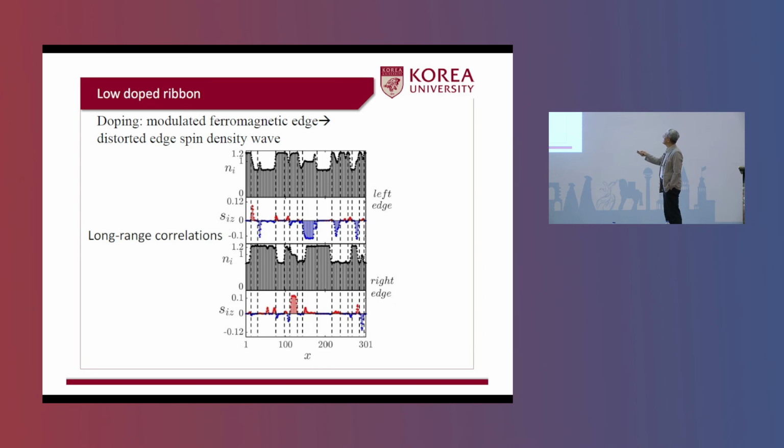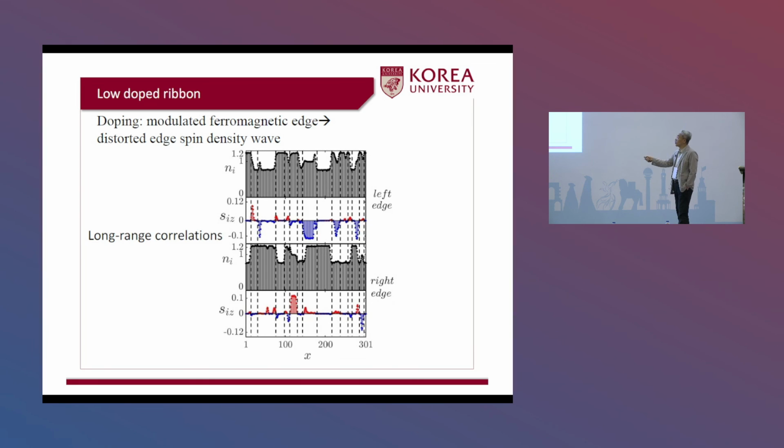Yeah, and this picture shows that if you dope the system, you get a distorted edge spin density wave. This is the left edge, these are the spins for the left edge, and this is for the right zigzag edge. You can see very distorted spin density waves. And the other important thing is that the left edge and right edge are long-range correlated.